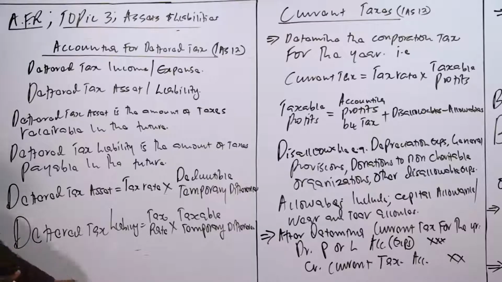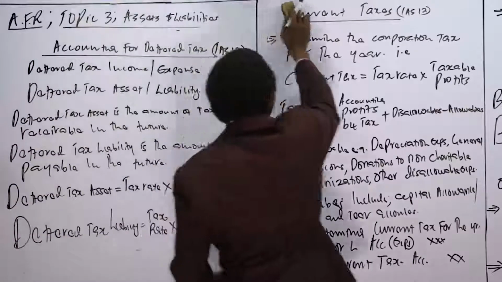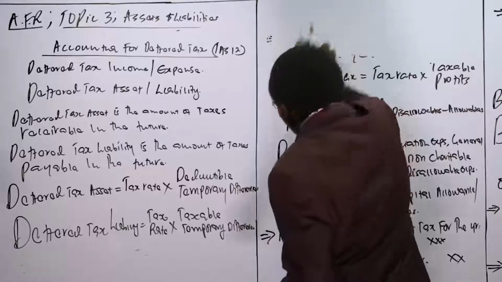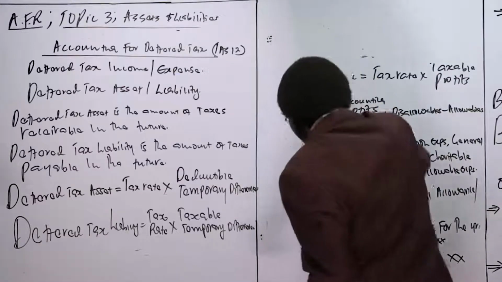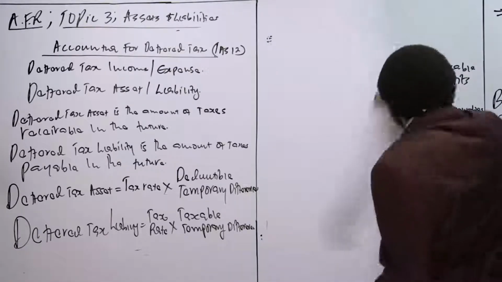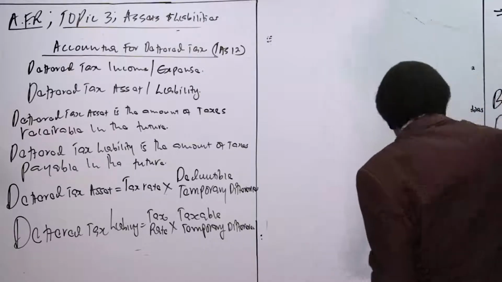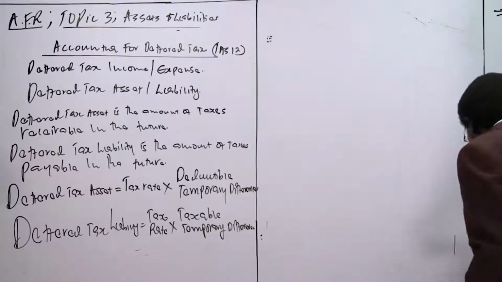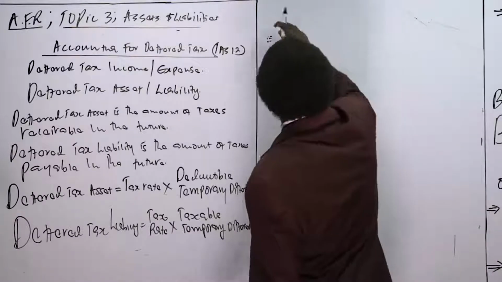Now the issue as well here is, how do we compute the temporary differences? What are these temporary differences? We are going to define them. How do we compute temporary differences?